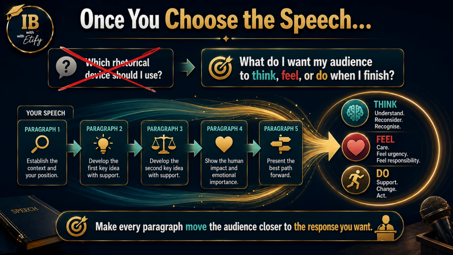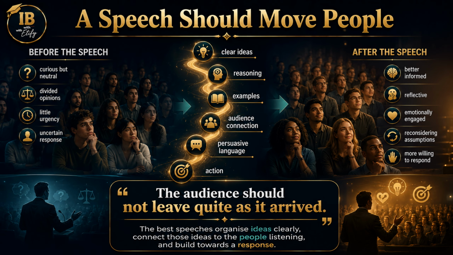Ask, what do I want my audience to think, feel, or do when I finish? Then make every paragraph move them towards that destination, because the best speeches do more than present ideas. They organize those ideas clearly, connect them to the people listening, and build towards a response. The audience should not leave quite as it arrived, and that is what makes a speech move people.